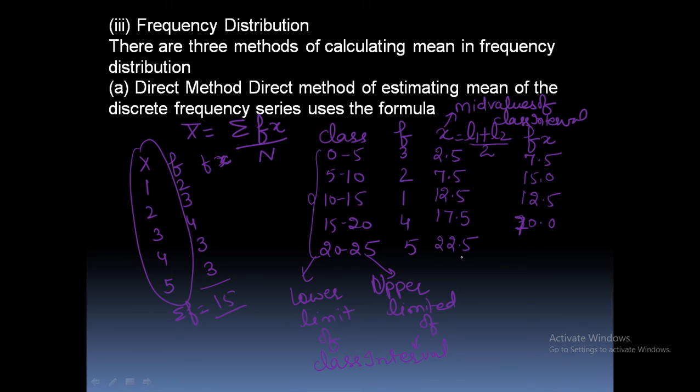Now next is 22.5 multiplied by 5: 5 fives are 25, 5 twos are 10 plus 2, 12, 5 twos are 10 plus 1, 11.